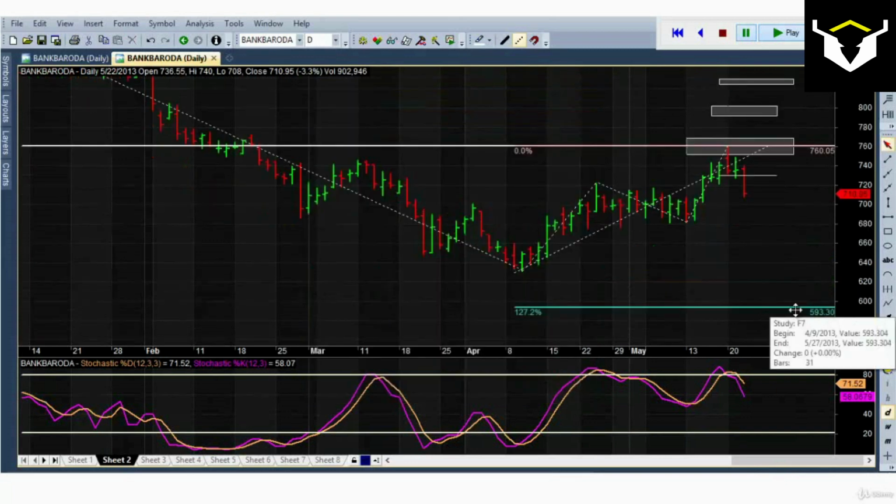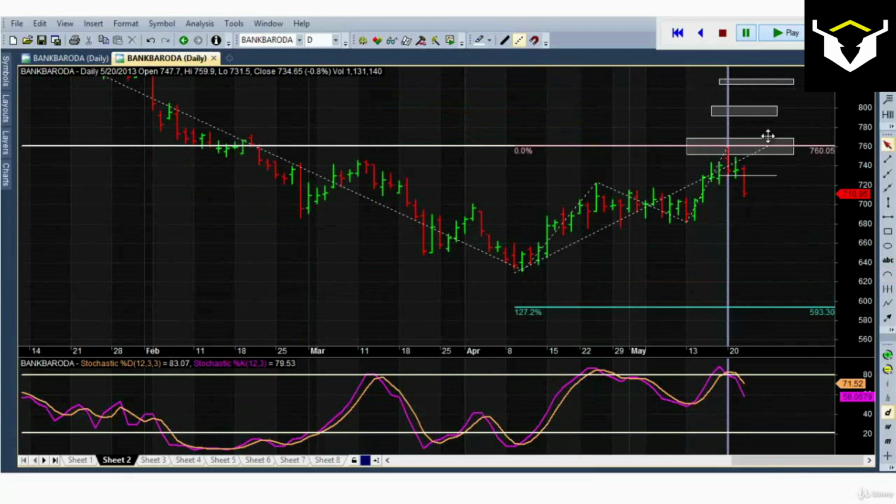So 593 is the target for this current trade with a stop at a level of 760.